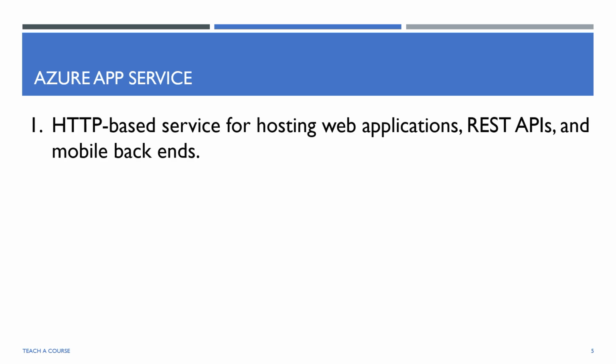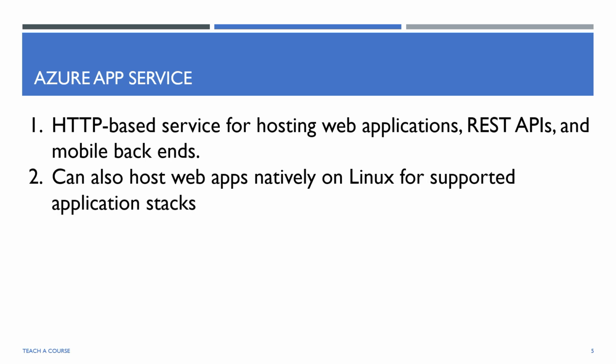Okay, so the definition is that Azure App Service is an HTTP based service which is used for hosting web applications, REST APIs, including WCF or ASMX web services, and mobile backends. You can code in any of your favorite languages. You can host it natively on Linux for supported application stacks. We also have Windows, but the point here is we do have support for Linux application stacks as well.